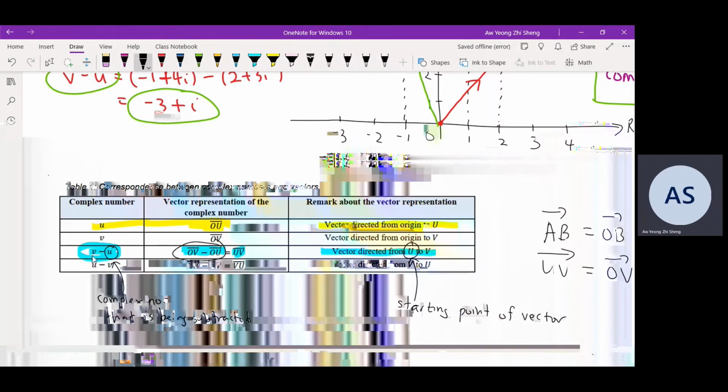So if you have V minus U, then your vector should start from U and be directed to V.